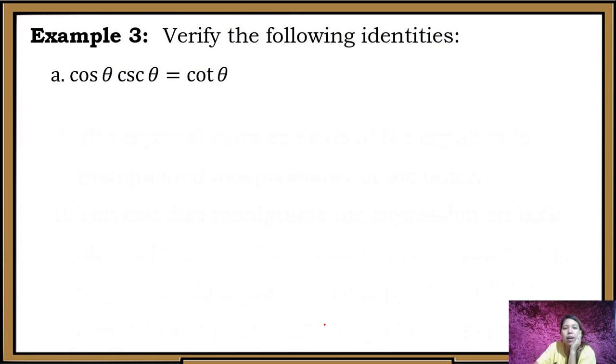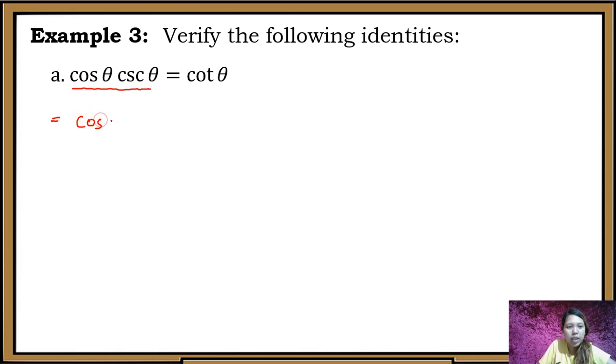Okay, so here, verify the following identity. To make it easier, you always manipulate the complicated one and then arrive at the simpler expression. So, in this case, we manipulate cosine theta times cosecant theta. Take note that cosine is the basic, so we transform the cosecant.